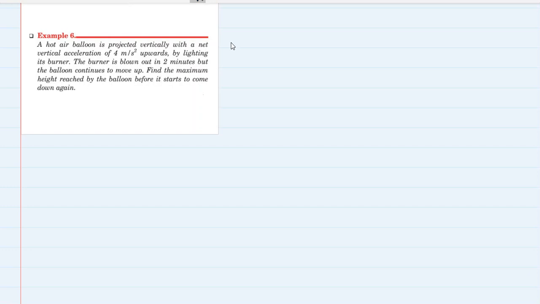So net acceleration of balloon in upward direction is 4 meters per second square. Now the burner is blown out in 2 minutes, so for 2 minutes the balloon will keep on accelerating.